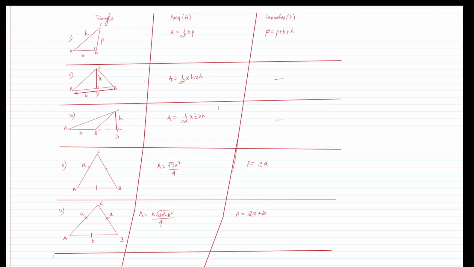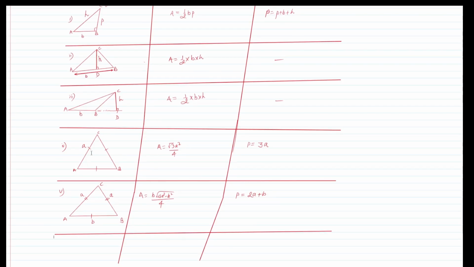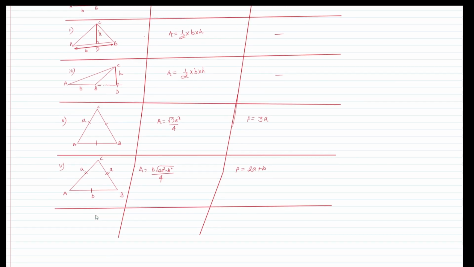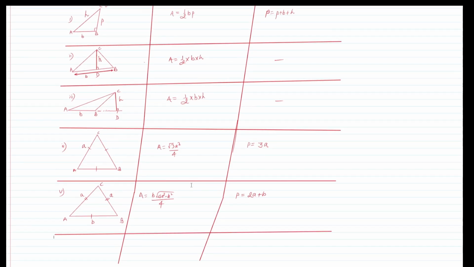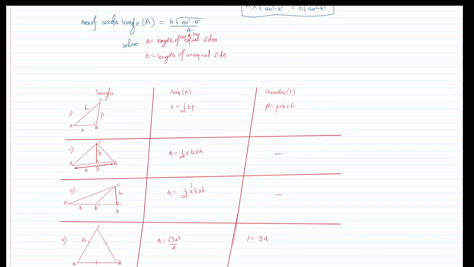We have proved this statement in our previous lecture. And when we have been given isosceles triangles and equilateral triangles, for equilateral triangles we use the formula under root 3 A square by 4. And in case of an isosceles triangle, we use the formula: unequal side times under root of 4 A square minus B square, whole upon 4. These are the formulas related to areas of different types of triangles.